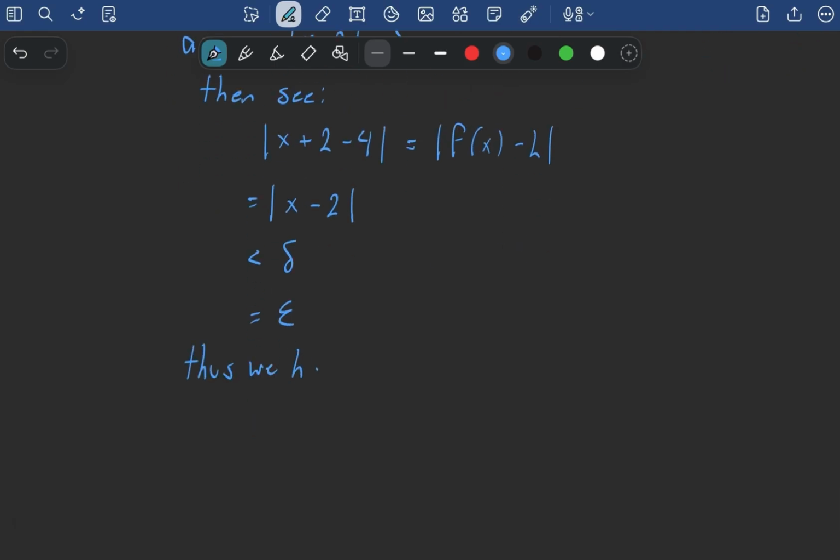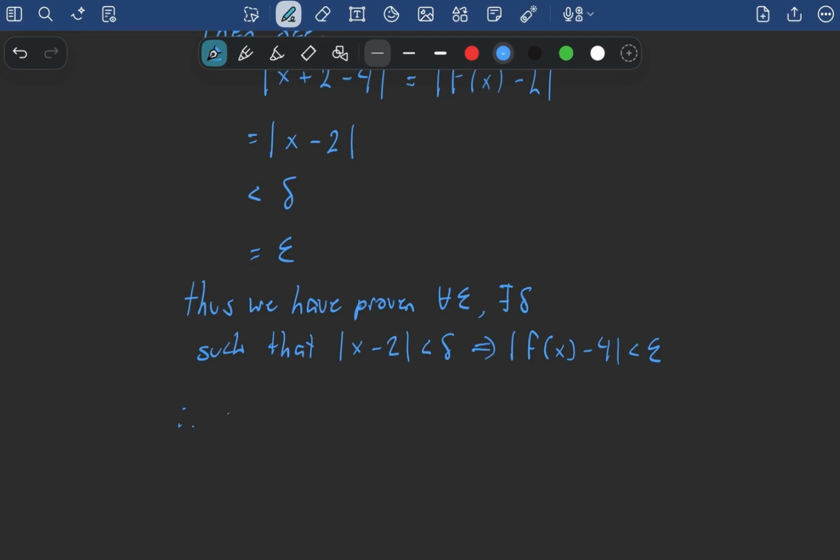we have proven that for all epsilon, there exists a delta such that x being close to 2 implies that the absolute value of f of x minus 4 is less than epsilon.